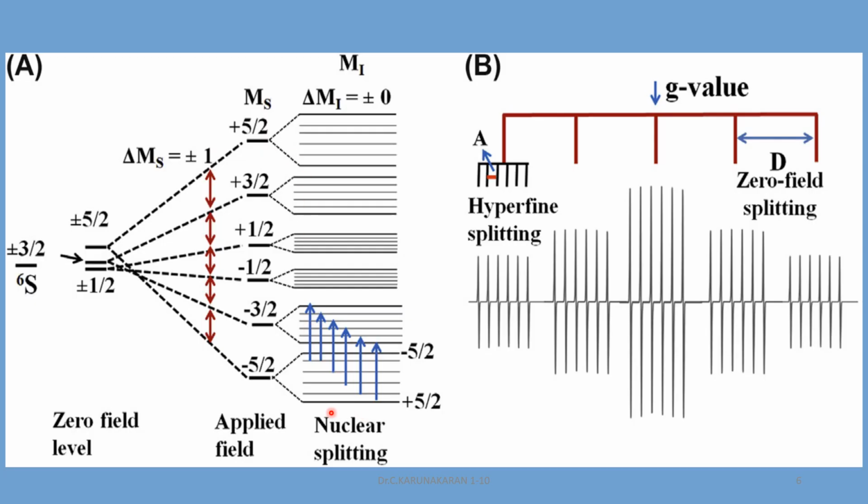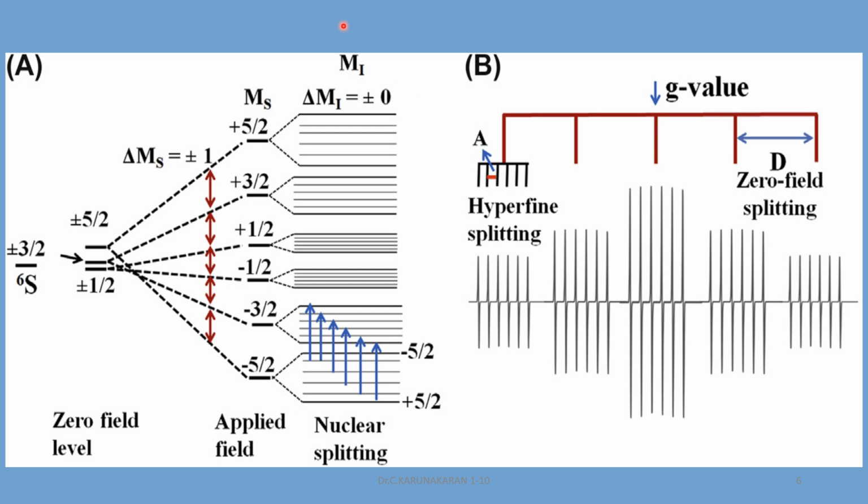Here, each fine structure line is split into 6 lines, 1, 2, 3, because of the transition from plus 5 by 2 to minus 5 by 2. In the case of NMR, plus 5 by 2 is the ground state, as I have already told. In the case of EPR, minus 5 by 2 is the ground state.